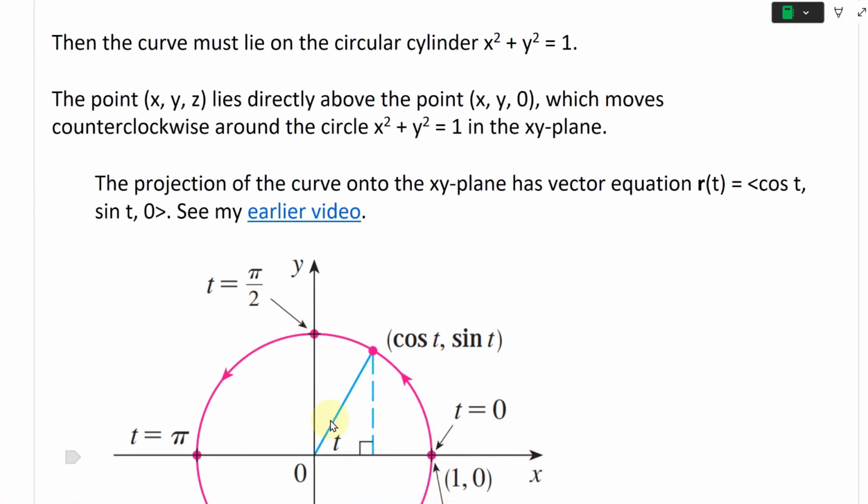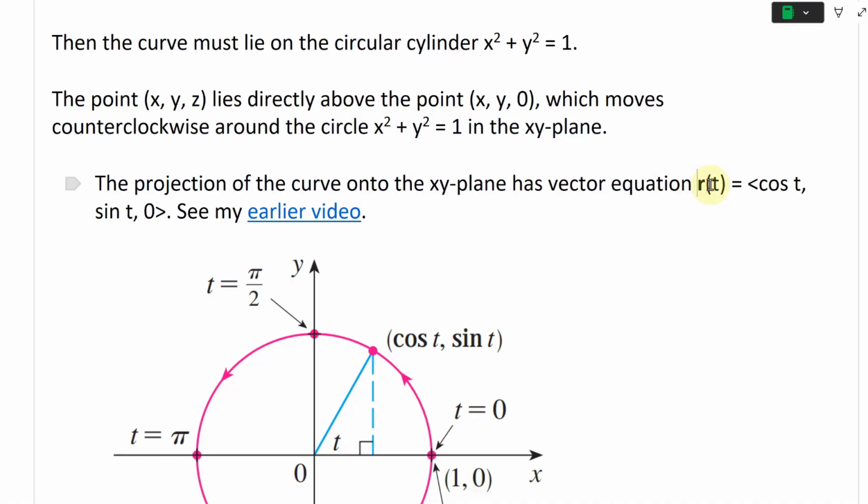It depends on how you have the axes aligned, but if you have x and y like this, it goes counterclockwise in the xy plane.